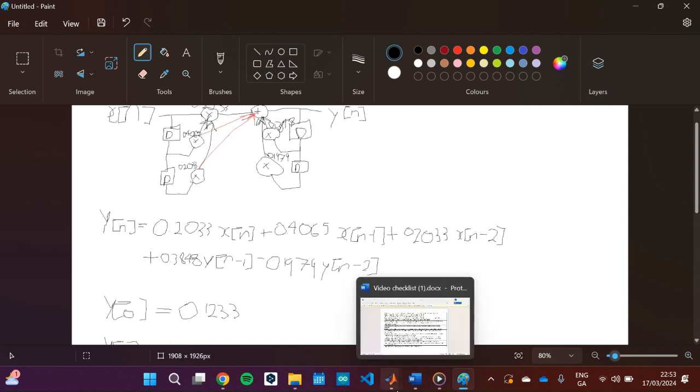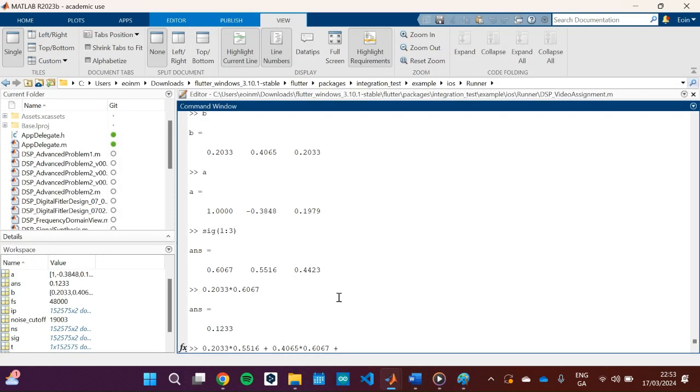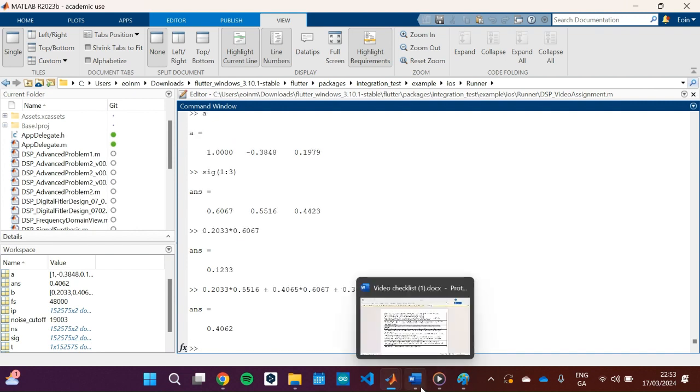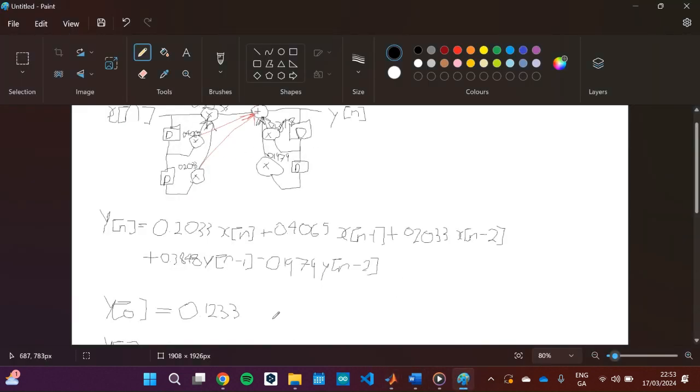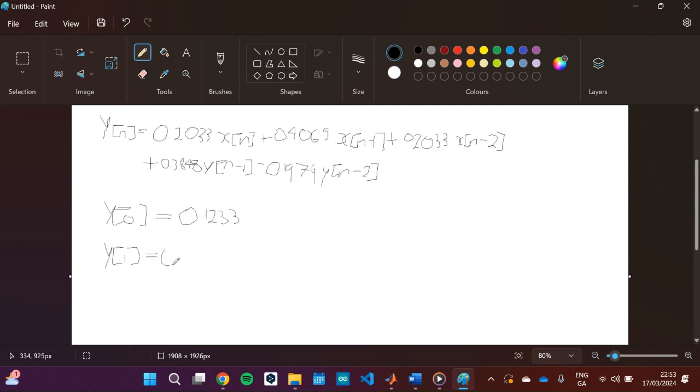So 0.3848 times y of 0, which would be 0.1233. 0.4062. I'll just quickly write it down, in the interest of time saving.